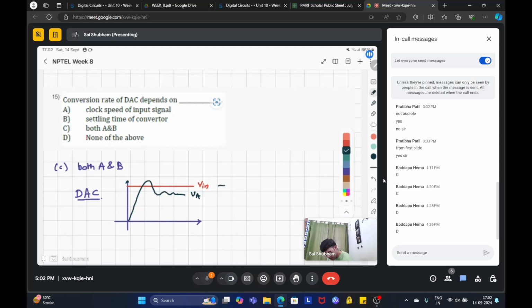And then you will pass this through a comparator, and that will give you the output 1 or 0. So in order to generate this VA, it comes from this digital to analog converter, so this also takes some time, right? If settling can be done faster, suppose the comparison happens at this point, because the output VA has settled. If the settling time is less, we can compare at this instant, earlier. So overall, the conversion rate can be faster. Okay, so the answer is both A and B, clock speed and settling time of the converter.